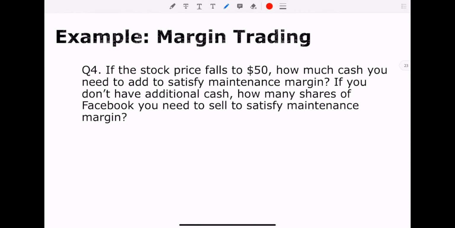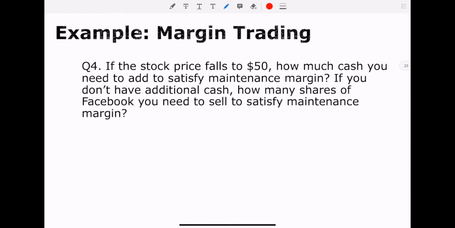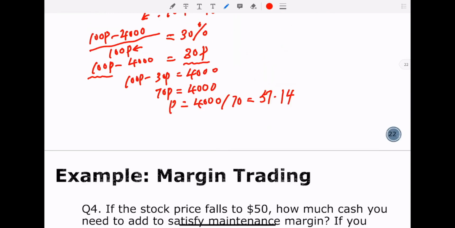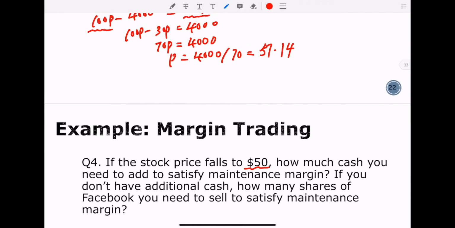Okay, now let's see question 4. If the stock price falls to 50, how much cash you need to add to satisfy maintenance margin? If you don't have cash, how many shares of Facebook you will have to sell to satisfy maintenance margin? First, you can see that 50 is smaller compared with 57.14.